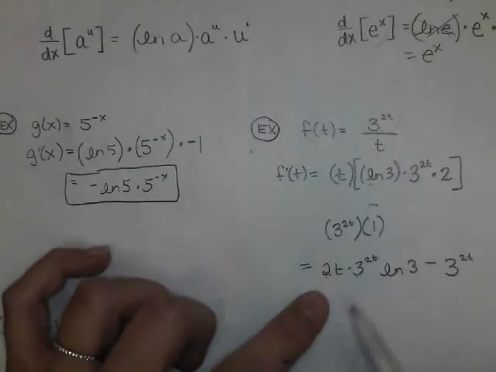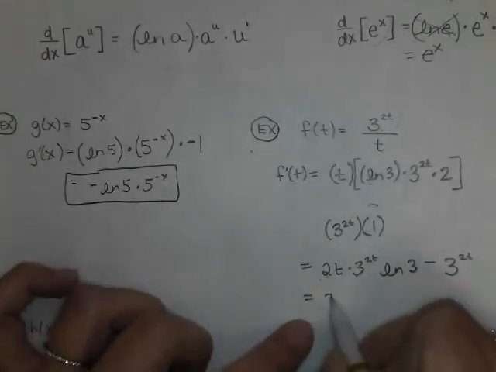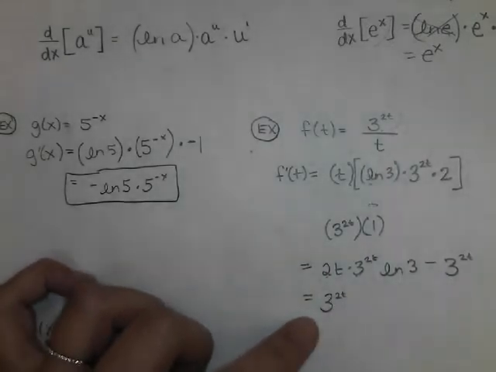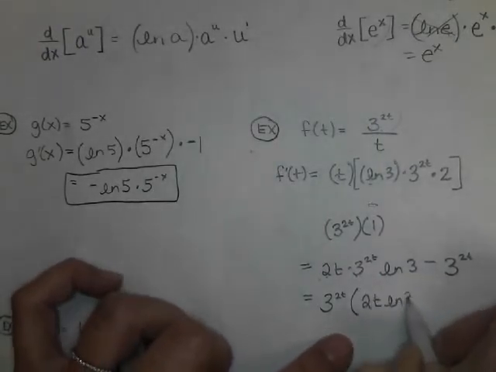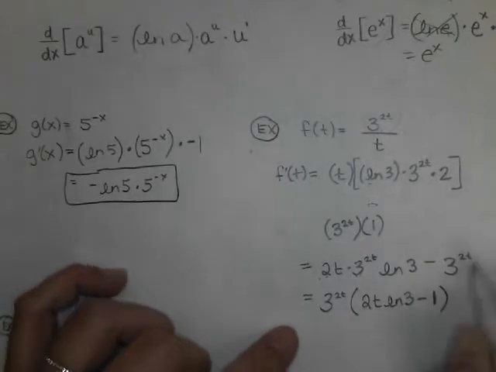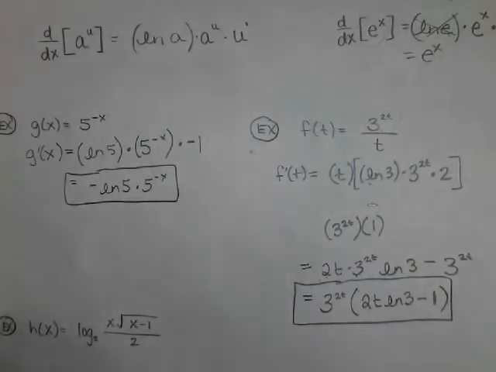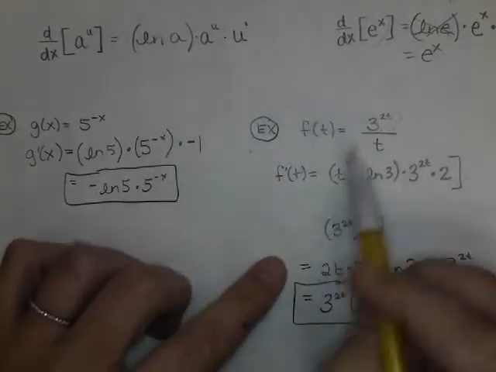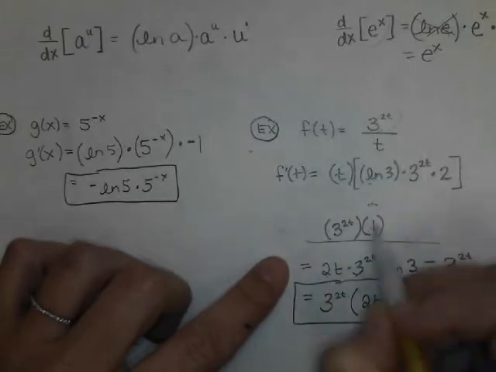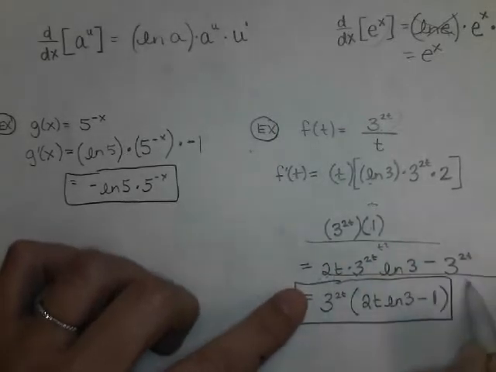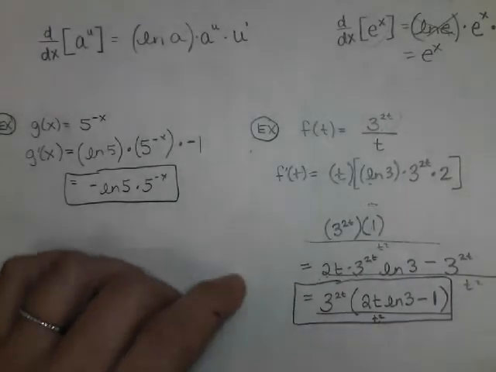So this is just a binomial, and both terms of the binomial have 3 to the 2t, so I would not be surprised to see them factor out the 3 to the 2t. And you're left with 2t ln of 3 minus 1. I forgot all over bottom squared. Bottom times derivative of the top minus top times derivative of the bottom, all over bottom squared, all over t squared. Sorry about that.